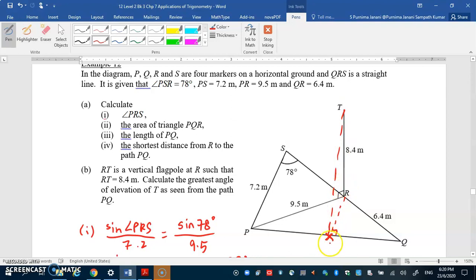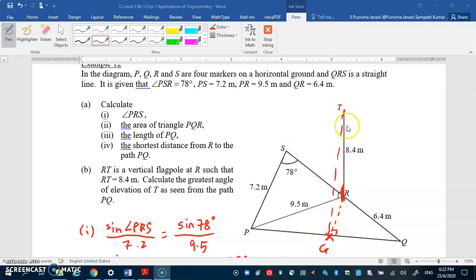Now, can you see that this RT, let's call this point G, can you see that this GRT is actually a right angle triangle? Because this RT makes a right angle with the surface. So this is a right angle triangle which is standing upright, GRT.